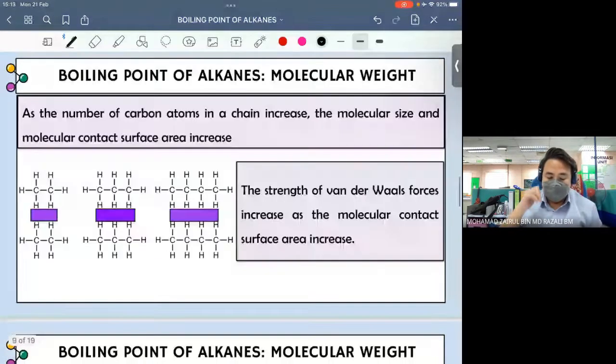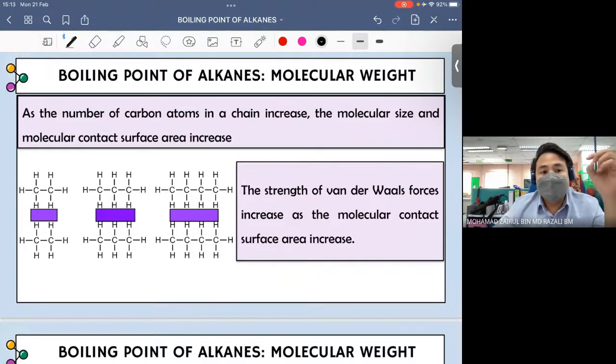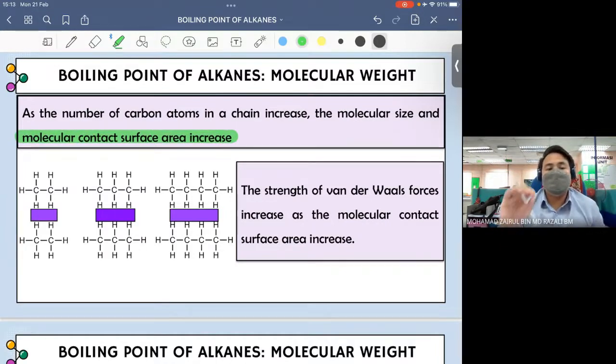Okay, so now as the number of carbon increases, like I said earlier, if there are more carbon, the molecular size and also molecular weight will also increase. Now, a molecule of alkane with a greater number of carbon, the molecular contact surface area will also increase. Why do we need to focus on this point?